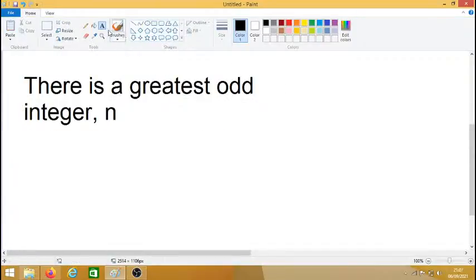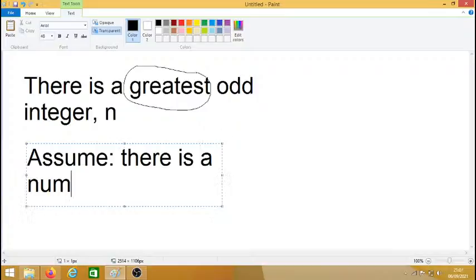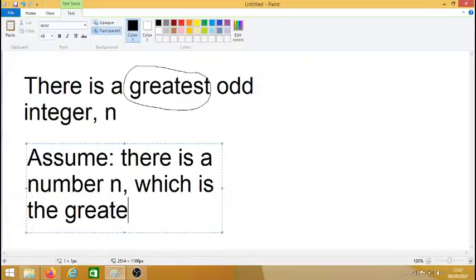So how do we prove that? What we're saying is that if we follow this through, if we assume that this is true, that there is an odd number that is the greatest, let's call that n. So let's assume there is a number n which is the greatest odd number.